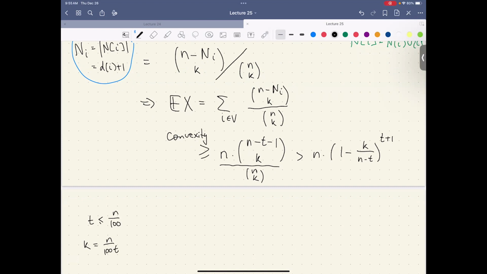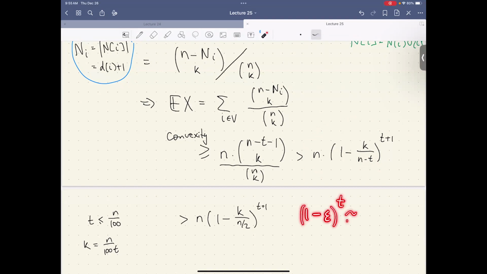So this is bigger than n times 1 minus this quantity. t is smaller than half of n, so let's replace this by n over 2: k over n over 2, to the power t plus 1. Now use this inequality: 1 minus a small number to a large power is roughly e to the negative epsilon t.